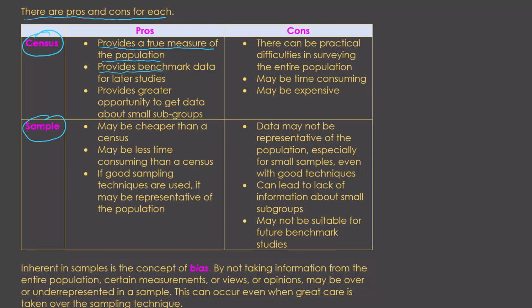It provides benchmark data for later studies because we have that snapshot, and that's how they compare things with, say, what the situation was in 2020 with what the situation was in 1950, because they have census data from 1950. It provides a greater opportunity to get data about small subgroups. When you sample, very small subgroups of a population may not really have their views represented.